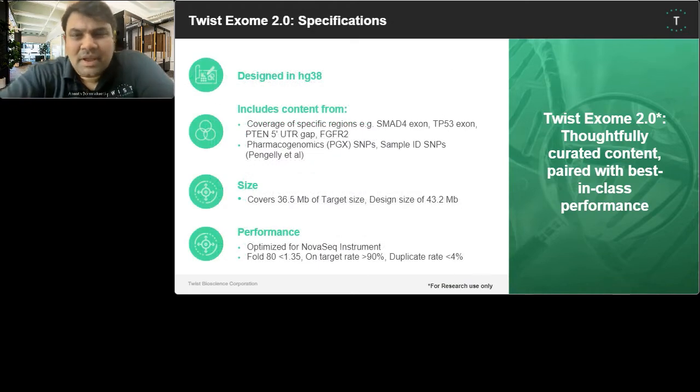So now, taking a little bit deeper dive into the content of our newest exome, Twist Exome 2.0. As I mentioned, it is designed against HG38 database, and the scientists at Twist have taken a thoughtful approach in the content development.